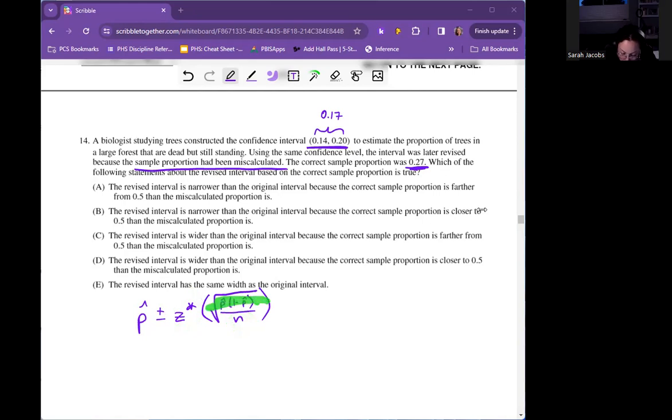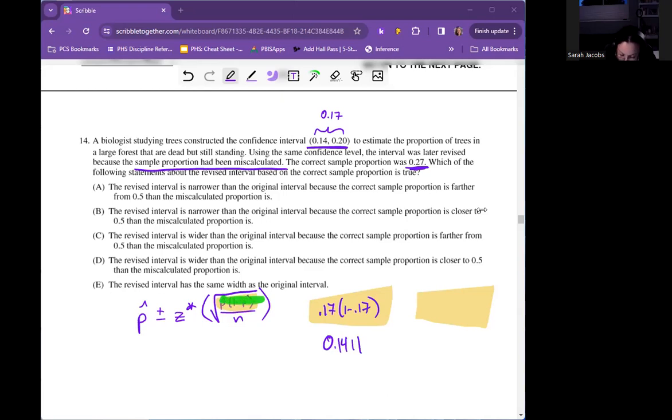So let's look at how that number changes when it's 0.17 versus when it's 0.27. So just from the top here, if it's 0.17, then we're going to multiply that by 1 minus 0.17. And we'll end up with 0.17 times 0.83, 0.1411.